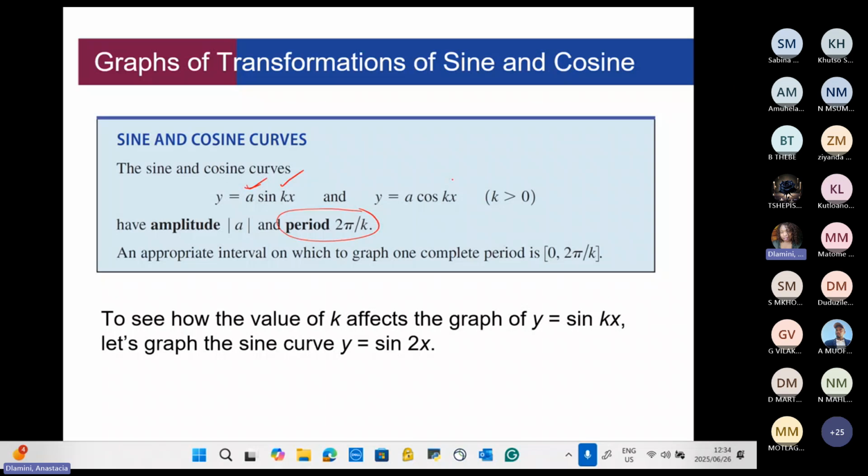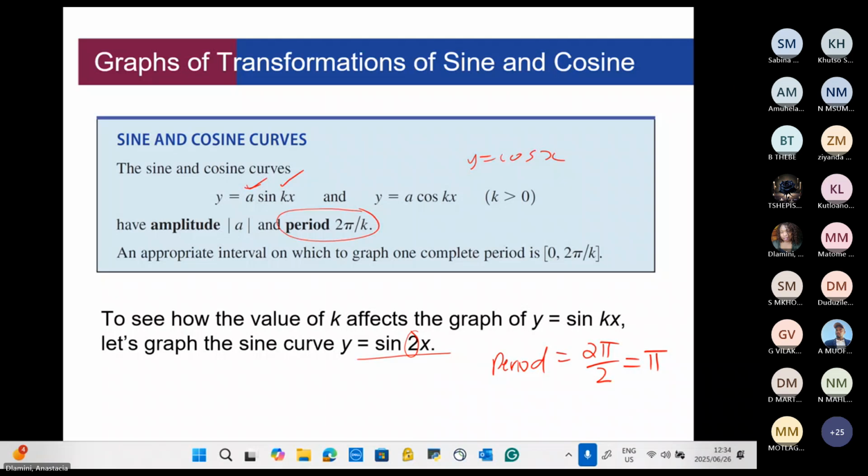If k is equal to 1, you just have cos of x. But if k is equal to 2, like this one, the period of this function will now be 2 pi over 2, which is pi. Are you all together, yes or no?